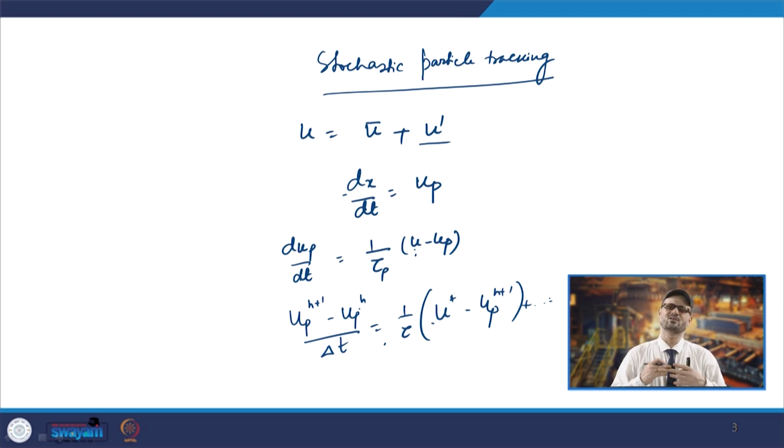Now, there are also considerations for the size distribution. What should the particle size be? There has been mention of different types of distribution of these sizes, and one of the distributions used by some of the codes is the Rosin-Rammler type of distribution, and other kinds of distributions are also there.